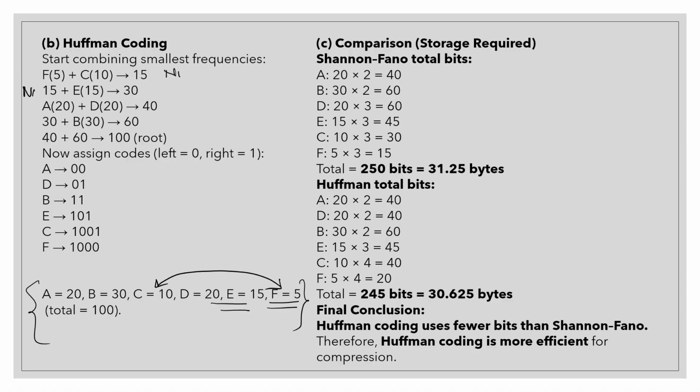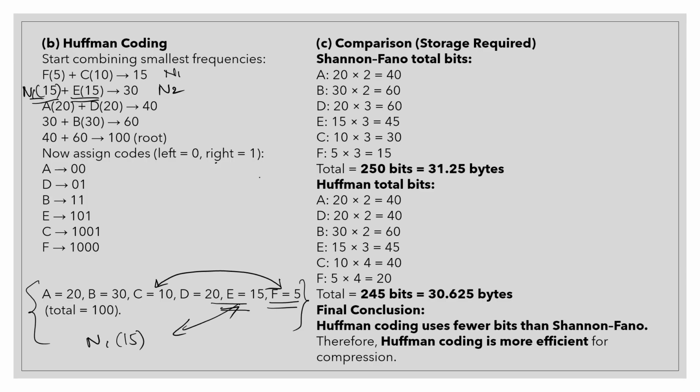Now N1 of 15, then we have E also as 15, right? So N1 of 15 and the next smallest is E of 15. We'll form N2 of 30. Always name the nodes.